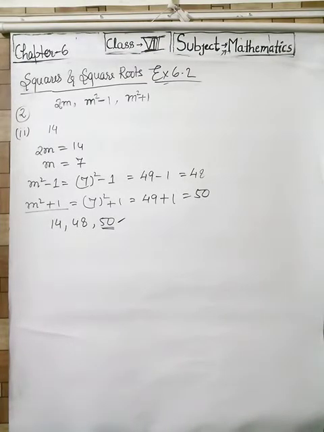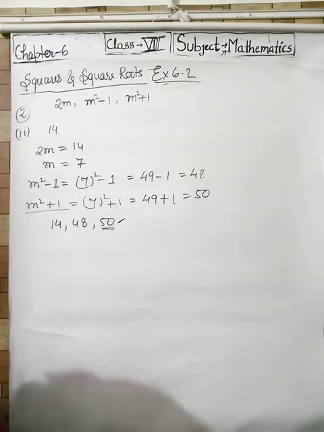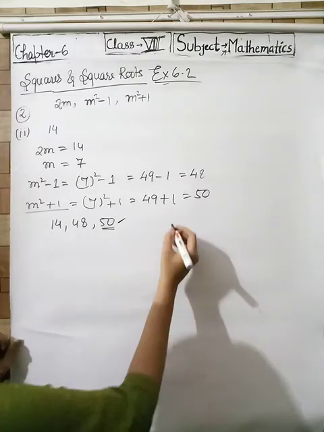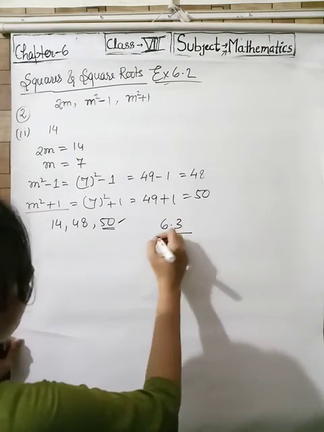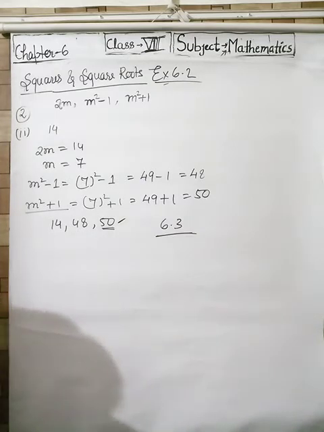Okay. Now let's discuss finding square roots. But before that, let's see question number 1 and 2 of exercise 6.3. And after that, in the next class, we will discuss how to find the square root of a given number. So let's see question number 1 on page number 102.